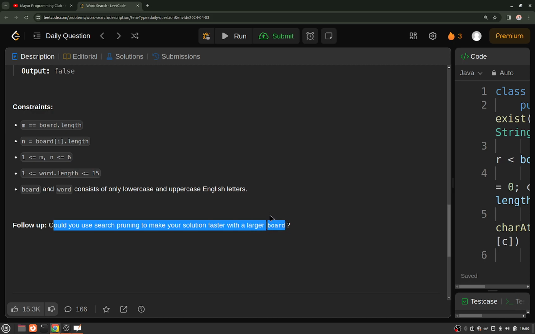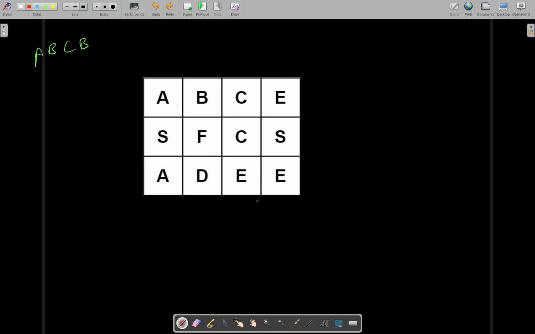Okay, what it means by search pruning is, let's say you are at a certain point in your search, at this cell, so you can essentially go in 4 directions from this cell. Okay, but you will not be visiting those branches which are not leading to your solution.